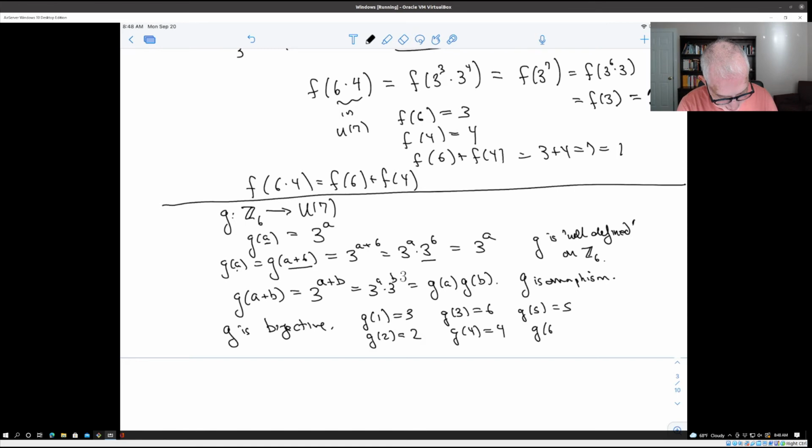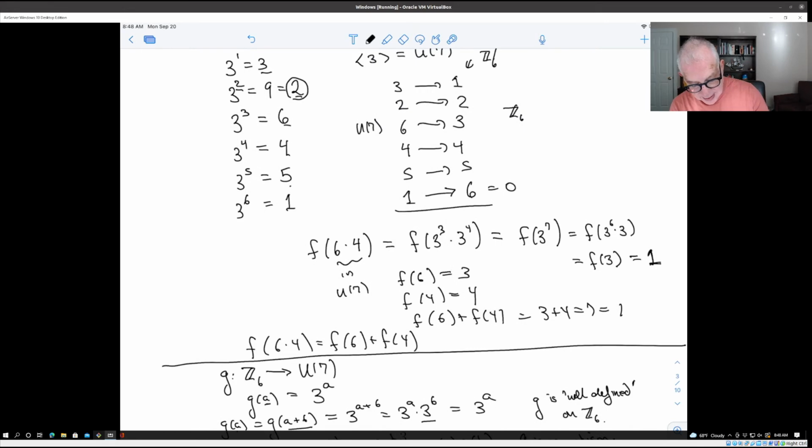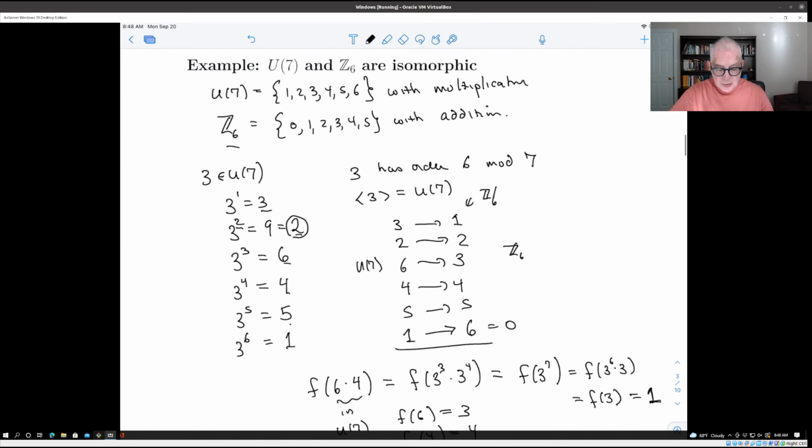And g of 6 is 1. So it is, in fact, bijective. It's this thing written in the reverse, and it's a one-to-one and onto map. So these two groups, U(7) and Z6, are isomorphic. And in fact, they are both cyclic groups with 6 elements.